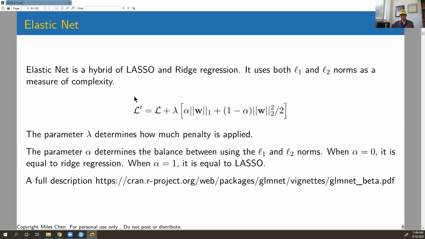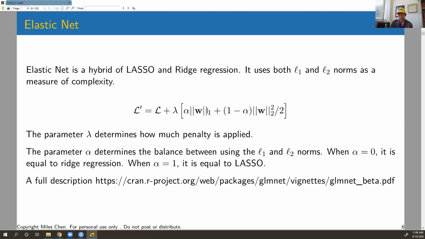So there's an alpha term, and alpha is going to range from 0 to 1. So if alpha is 0, then it puts no weight on the LASSO, the L1 term, and it's basically all the L2 norm.